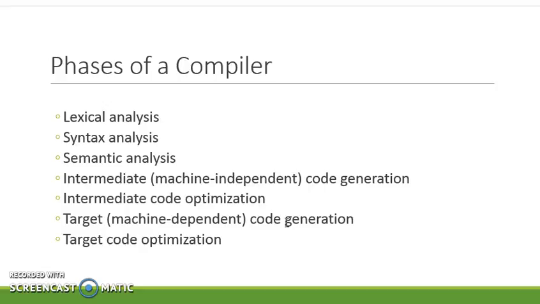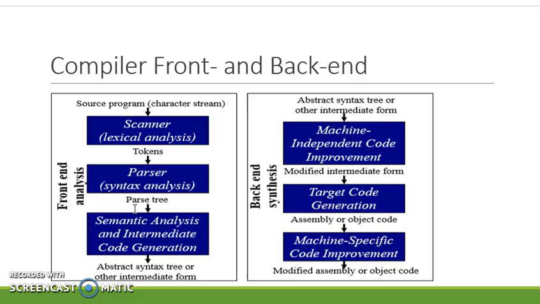The phases of a compiler are briefly listed in this slide. The first phase is lexical analysis, the second is syntax analysis, the third is semantic analysis, the fourth is intermediate machine-independent code generation, next is intermediate code optimization, then target or machine-dependent code generation, and finally target code optimization. These phases are organized in two different ways: front-end analysis and back-end synthesis.